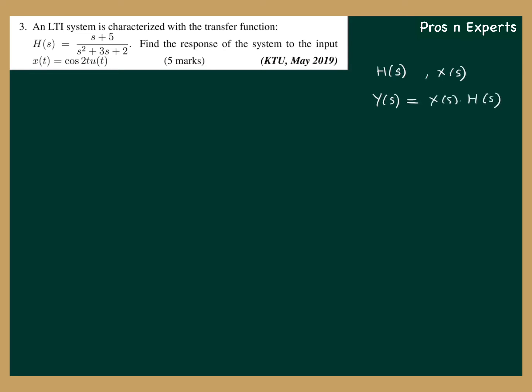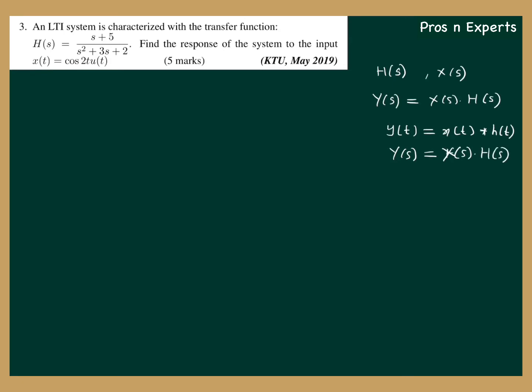This is the most important thing you need to note here, and actually that comes from our part A knowledge, that y of t of an LTI system will be x of t convolution h of t, and you know the convolution property of Fourier transform and Laplace transform, that will be equivalent to multiplication in Laplace domain or Fourier domain.